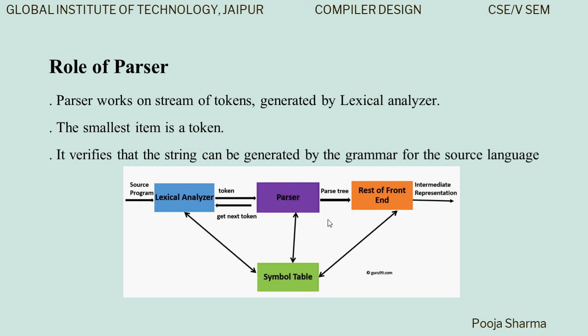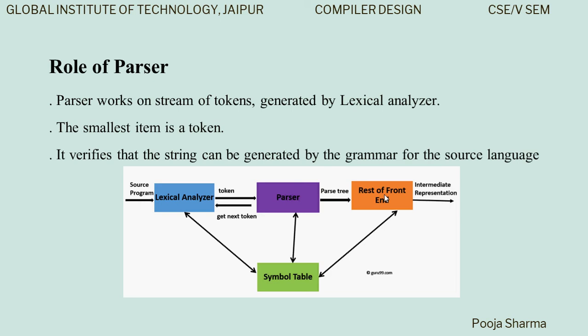The process will go on to the rest of the phases. And if it cannot do it completely for the entire program, then it will generate an error. So the outcome of the parse is basically two things.